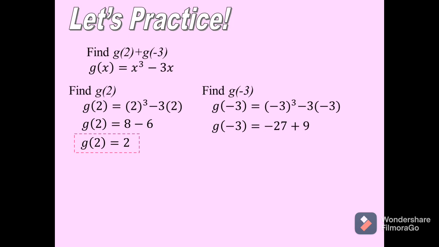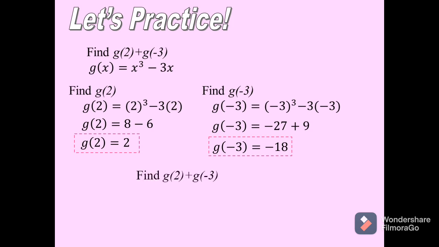Remember, negative 3 cubed means negative 3 times negative 3 times negative 3. So, that is negative 27. Then, negative 3 times negative 3, and that is positive 9. Simplifying that, negative 27 plus 9 will get negative 18. So, for our g of negative 3, that is negative 18.